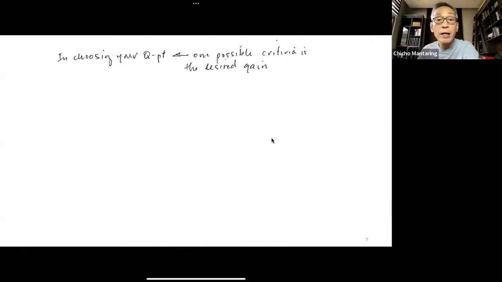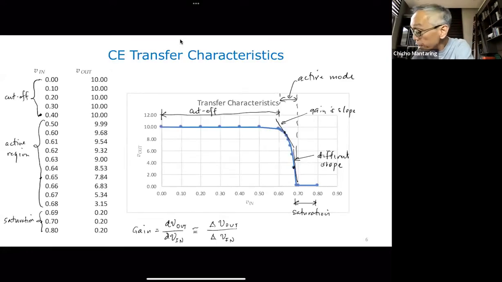If I choose the operating point to be here, then I have a steeper slope, and therefore my gain is larger as compared to choosing an operating point up here.